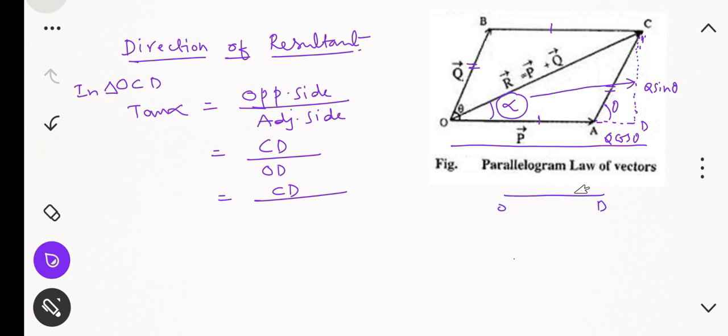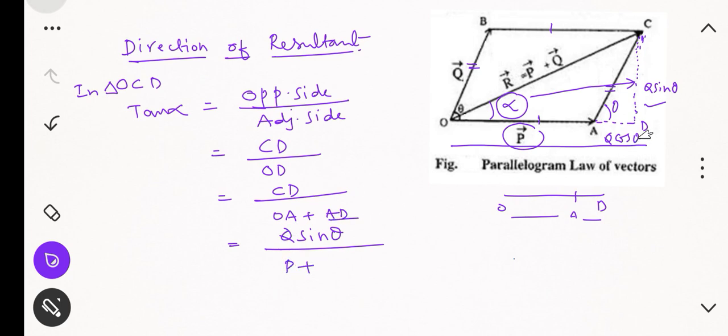OD can be written as OA plus AD. By substituting the terms, we get CD as q sin theta divided by OA, which is p bar, plus AD, which is q cos theta, and this is equal to tan alpha.